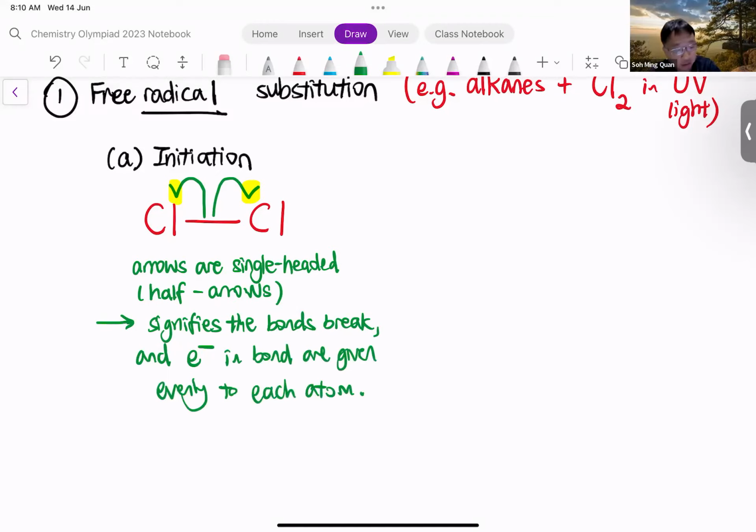If you think about it, how many electrons are there in the bond that is being shared? The Cl-Cl covalent bond has 2 electrons being shared, right? Remember we said this under covalent bonding. Each chlorine atom shares 1 valence electron with the other chlorine atom to form a molecule of Cl2. So this covalent bond has a total of 2 shared electrons. At the end of the reaction, each chlorine atom gets 1 electron back from the bond.